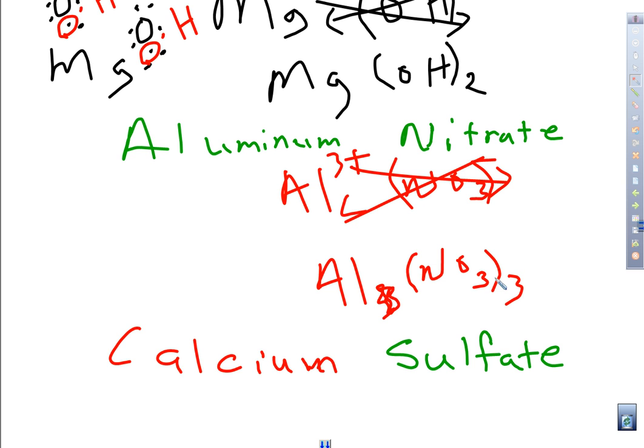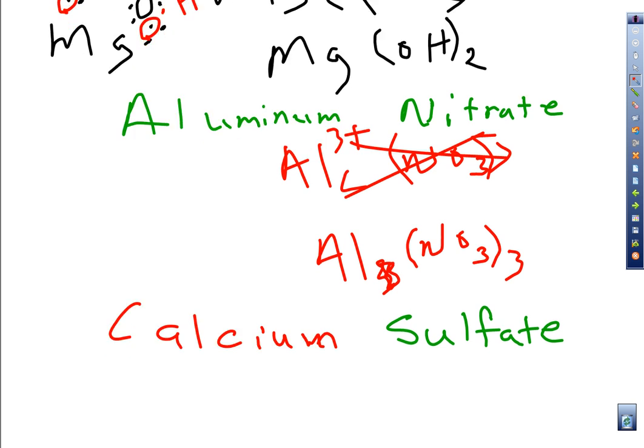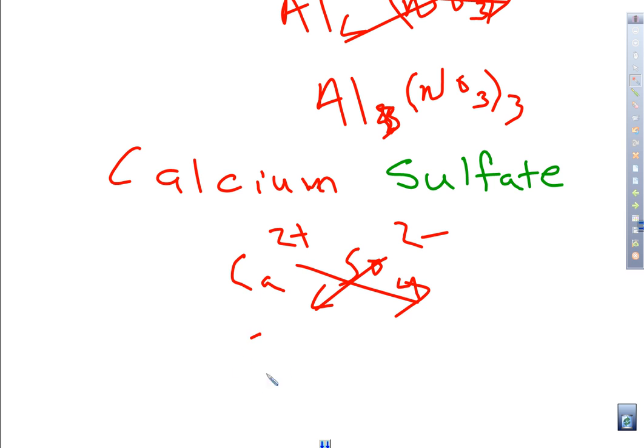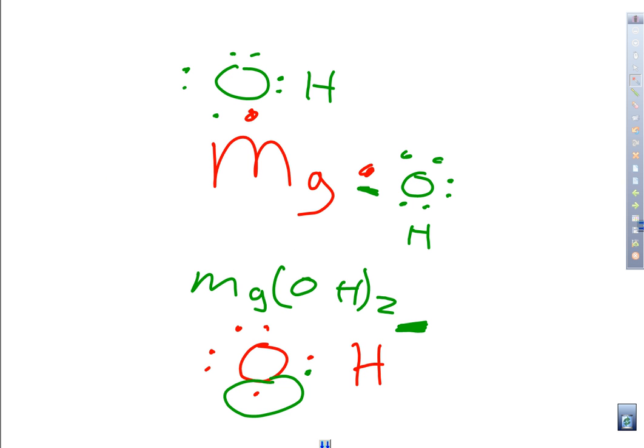Because again, we need 9 oxygens and 3 nitrogens this time, because of the way that NO3 is arranged. Then we got calcium sulfate, which is Ca2+, SO4 2-, crisscross, and it's CaSO4, because those 2's cancel out.